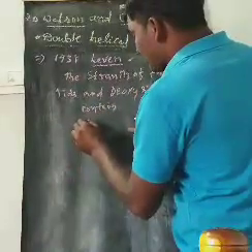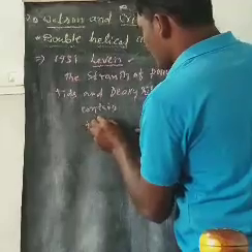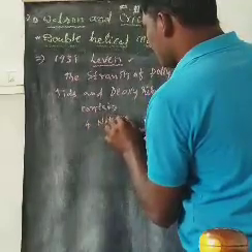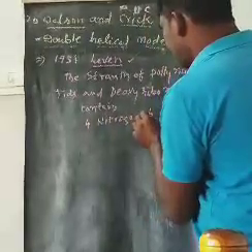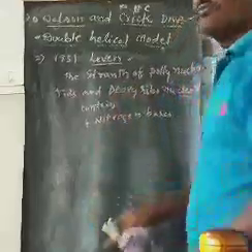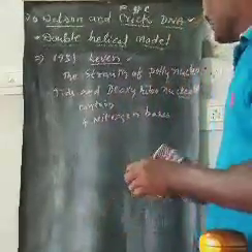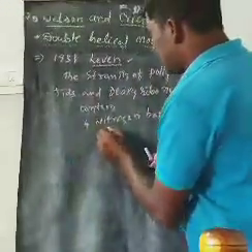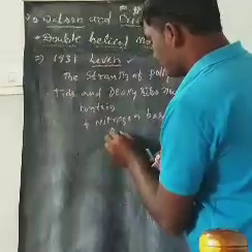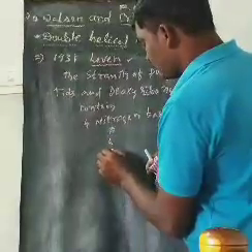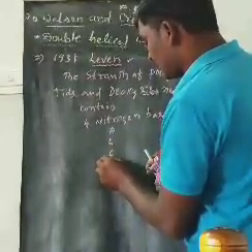This person identified that polynucleotides and deoxyribonucleotides contain 4 nitrogen bases: adenine, guanine, cytosine and thymine.